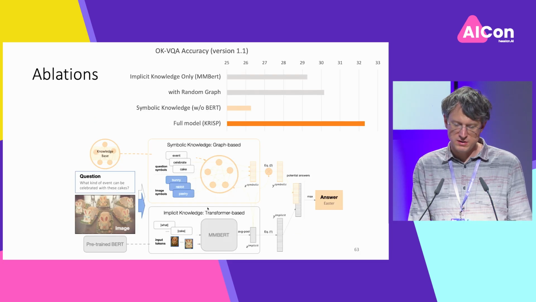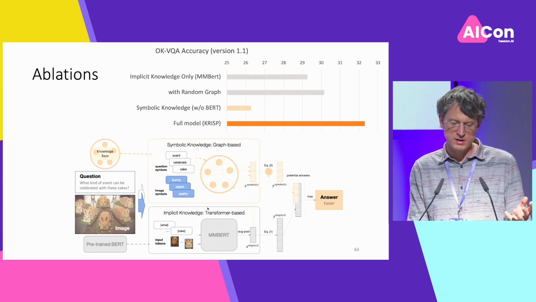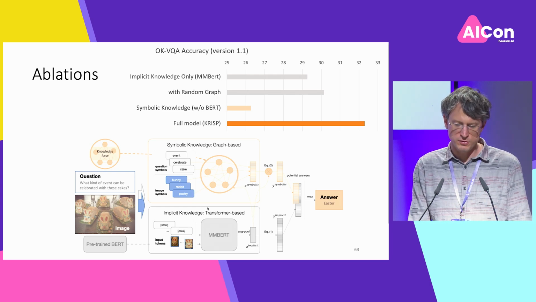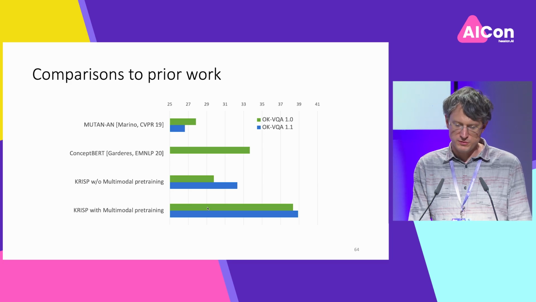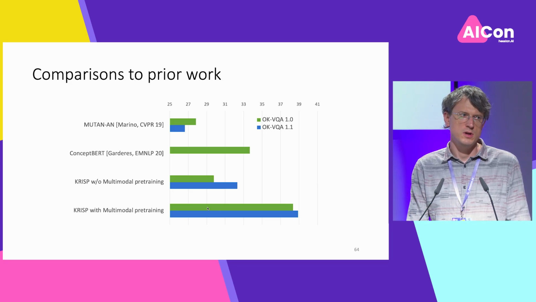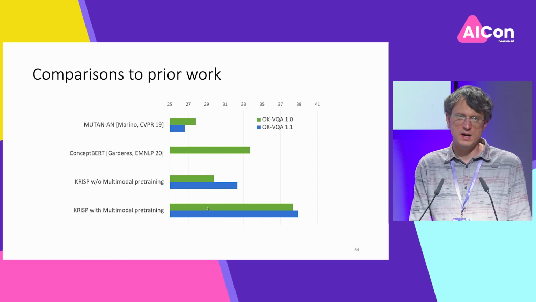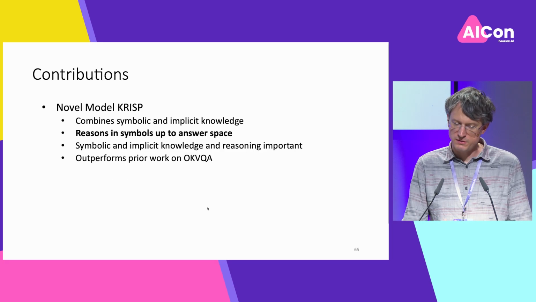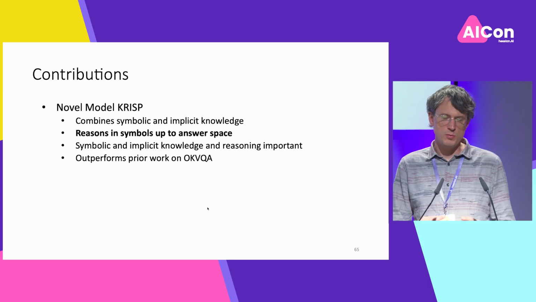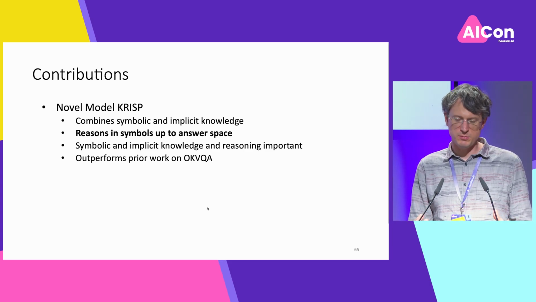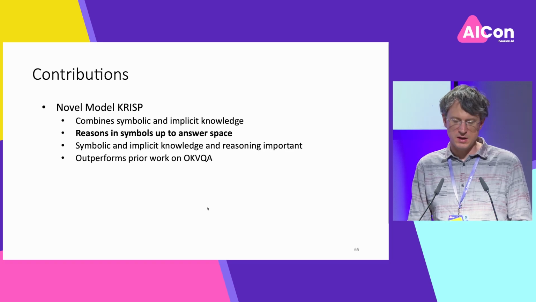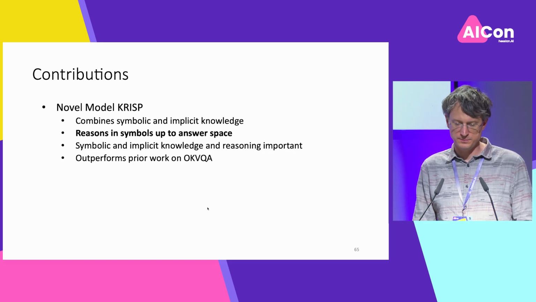We did several ablations, which show here the gray is just the implicit one, the orange is the symbolic, and the last line is the full model. Also, compared to prior work, the last two lines here, we outperformed on this knowledge-based question answering task. So we have this model which can combine symbolic and implicit knowledge, and it reasons both in symbolic and in implicit spaces.